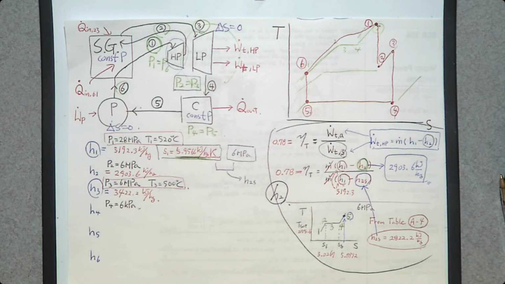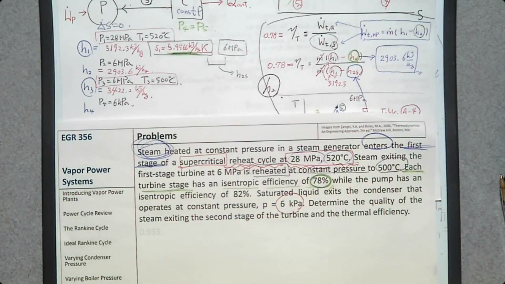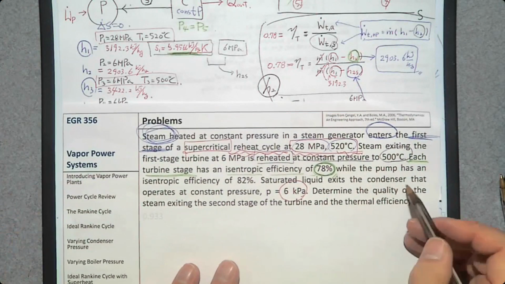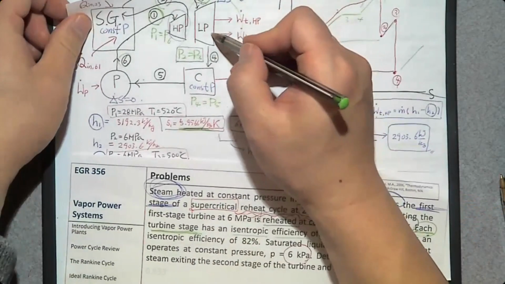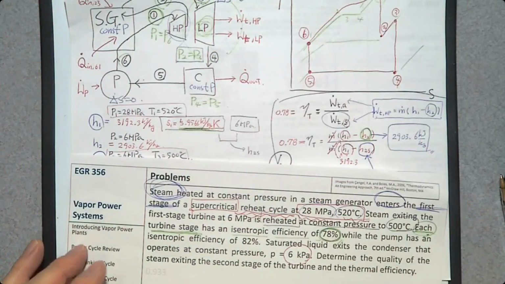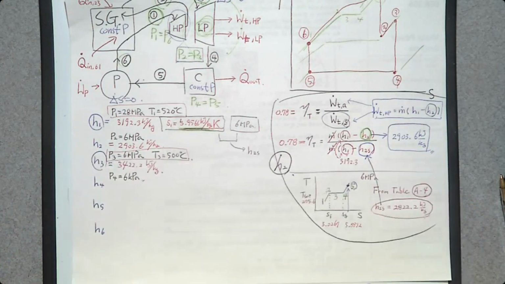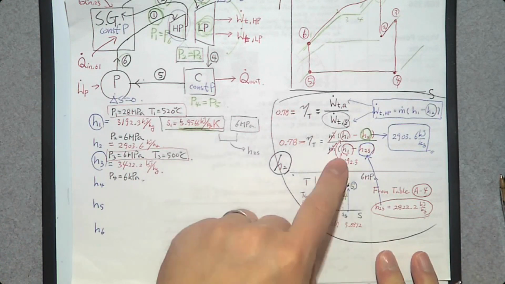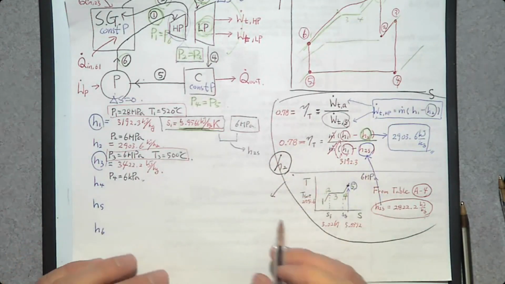So we need to find another clue to determine h4. And it says that each turbine stage, but this time the low pressure turbine, also has an isentropic efficiency of 78%. So we are going to follow the same steps here to determine h4. Whenever you have an isentropic efficiency other than 100%, this is what you need to do. So I'm going to repeat this one, this time for h4.